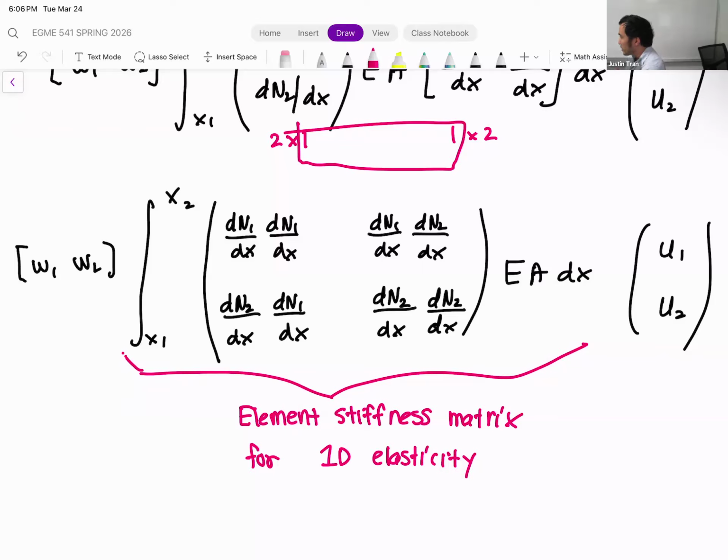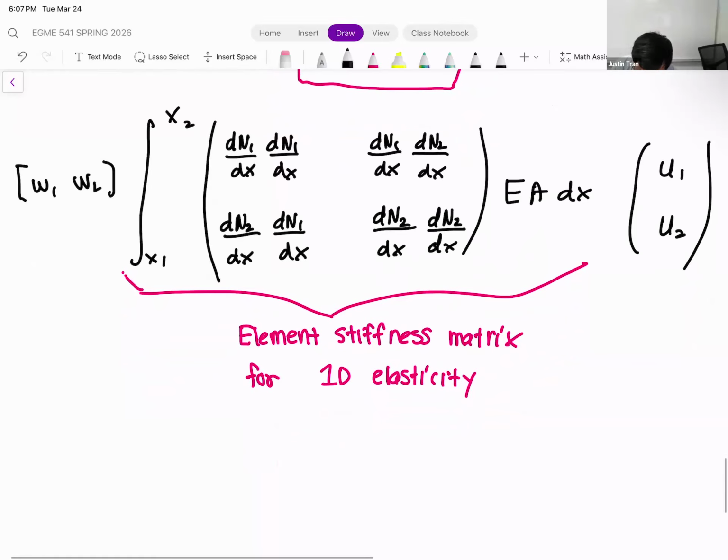To evaluate this matrix, we need to compute the shape function derivatives, multiply them together into the matrix, and integrate together with E times A. That seems like a lot of work, especially if you have functions of x, but remember, our shape function derivatives for our linear element are constants.